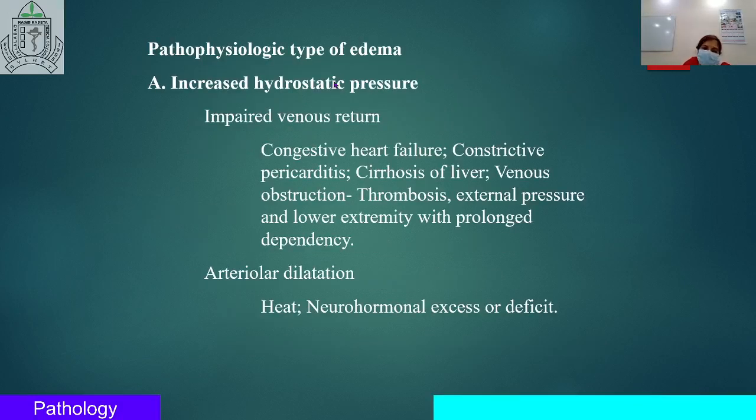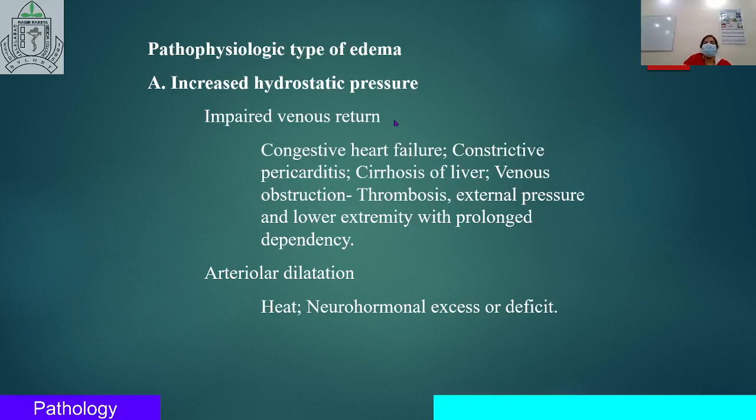When this hydrostatic pressure is increased, there may be edema. This hydrostatic pressure depends upon venous return. As this venous return is impaired, there is increased hydrostatic pressure and it results in edema.